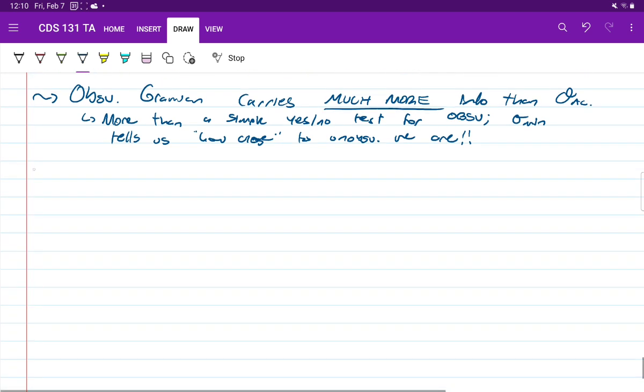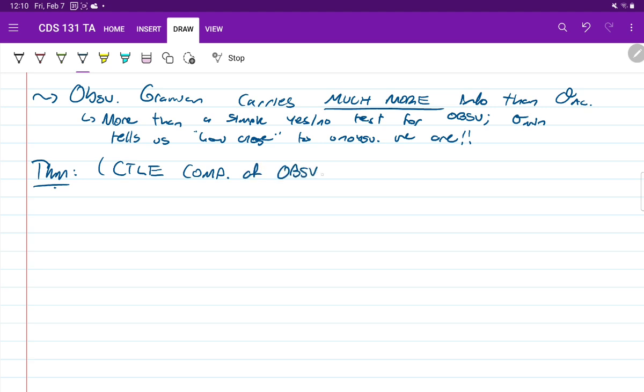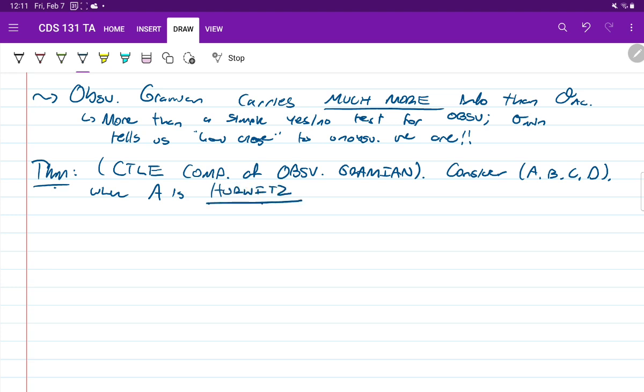All right, so I'm going to state another theorem, which is the CTLE computation of the observability Gramian. What this says is consider system representation A, B, C, D, where A is Hurwitz. Remember that means A has stable eigenvalues such that x dot equals Ax is globally exponentially stable.